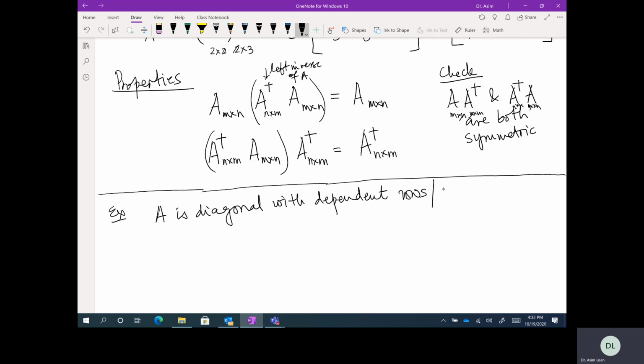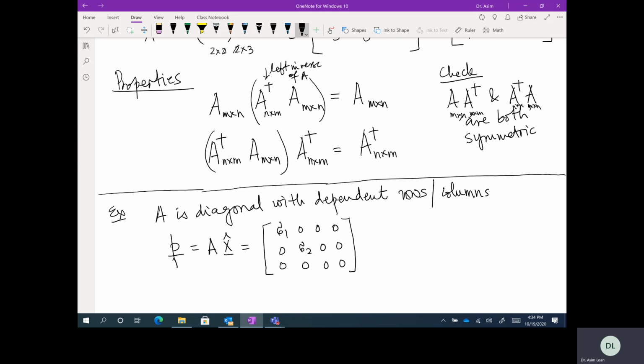If the rows are dependent, obviously the columns are also dependent. So let's say this P is some A x hat. So this P is the projection onto the column space, and this is equal to sigma 1, 0, 0, 0, 0, sigma 2, 0, 0, 0, 0, 0, 0.